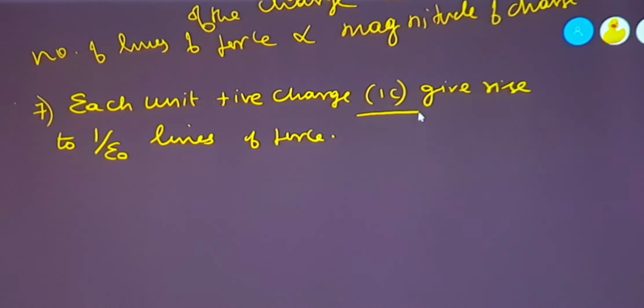Clear? If you have 1 coulomb of charge or unit positive charge, the number of lines available is equal to 1 by epsilon 0 lines.